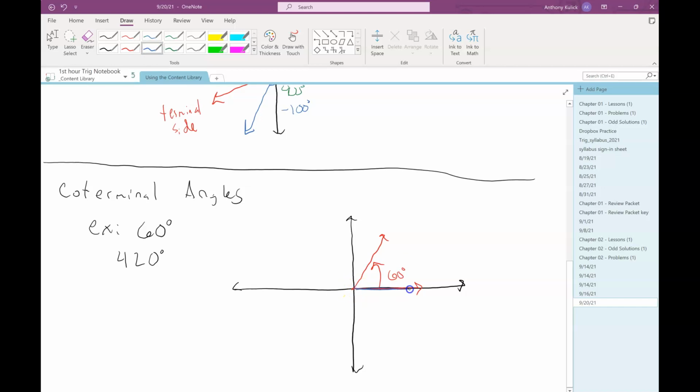And then the 420 degree, so 90, 90, well, that would be 180, 270, 360, and then 60 more puts us in the same spot, right?